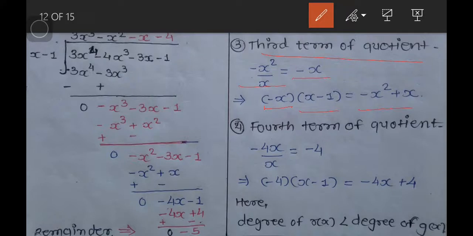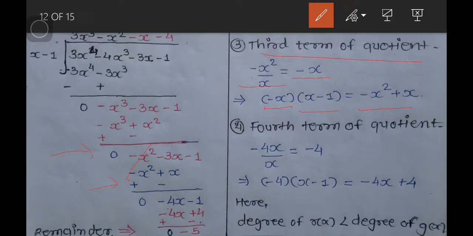Now we subtract it from our new dividend, that is x minus x square minus 3x minus 1, and we subtract minus x square plus x from it. So here we put plus and minus signs.